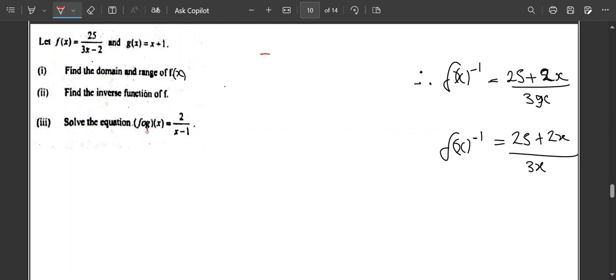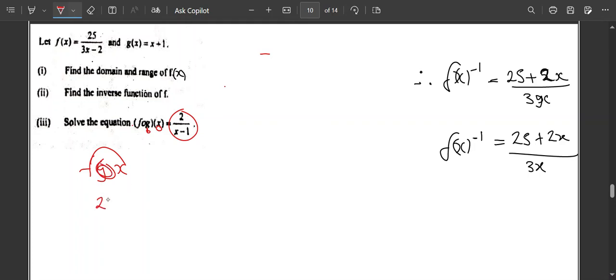We are substituting g of x in the f of x. That's the meaning. Then we equate to that. So I'm bringing this function f of x. I'll write g there, then f of x, meaning that in the f of x, I'm putting g of x, all right? So that is now my f of x.